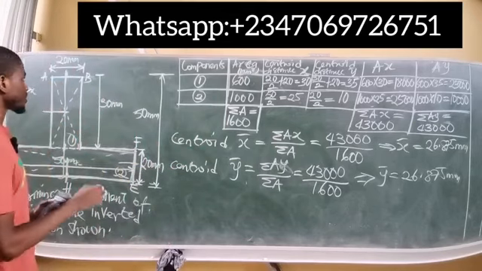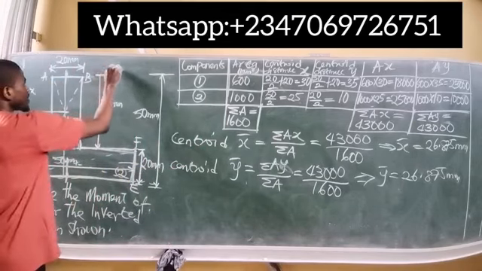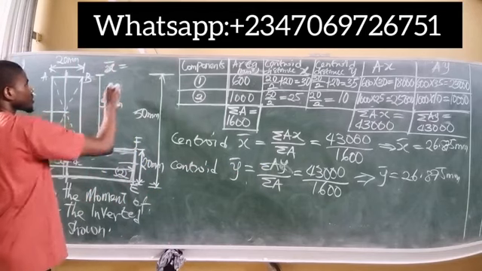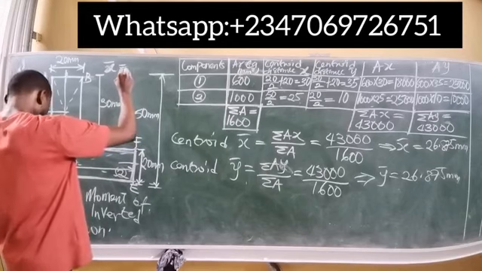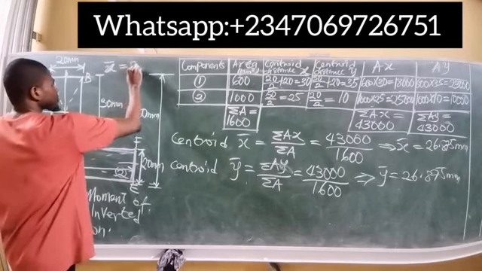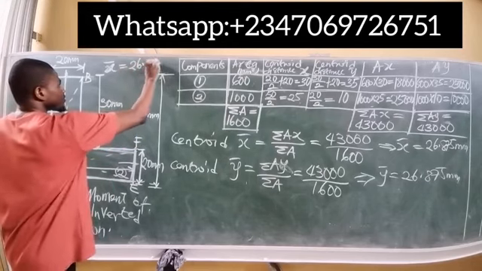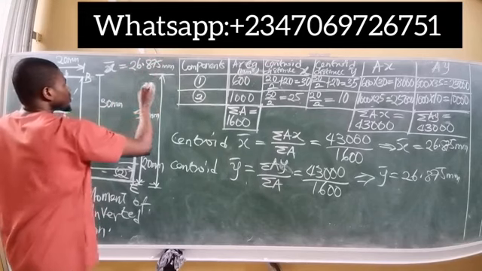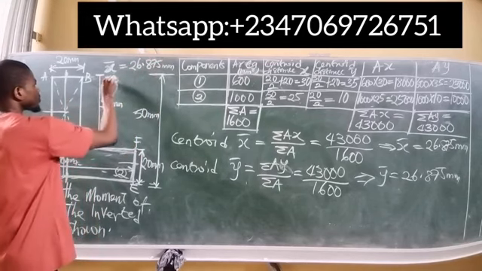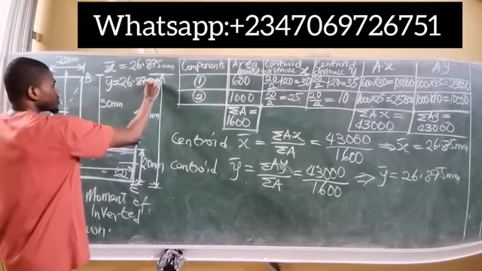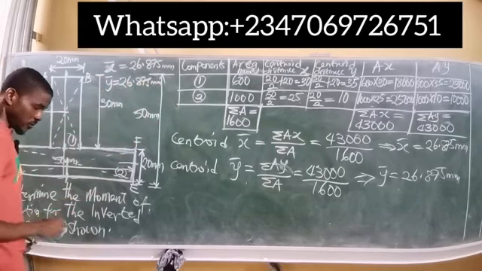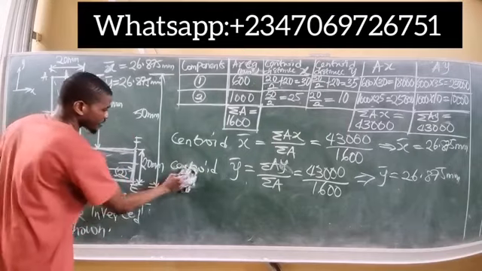I had x bar equal to 26.875 millimeter. Also, I had y bar equal to 26.875 millimeter. Okay, I can wipe here now.